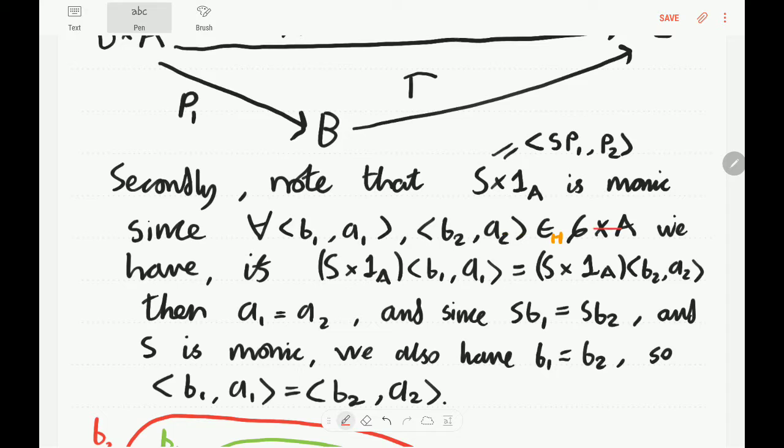So here we've got our inputs, and we'll assume now that S times 1A of B1 comma A1 is S times 1A of B2 comma A2.